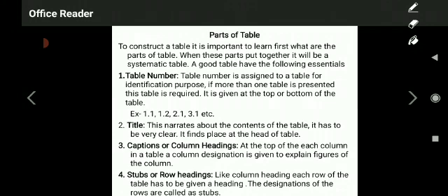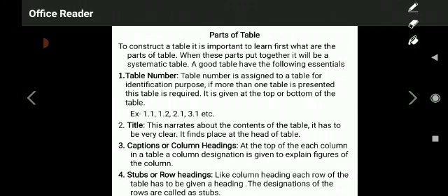The table number is assigned for identification purposes, to understand the information fitting in that table. If more than one table is presented, this number is required.